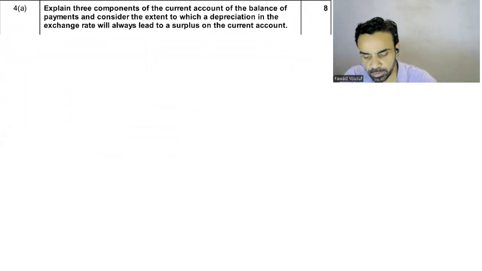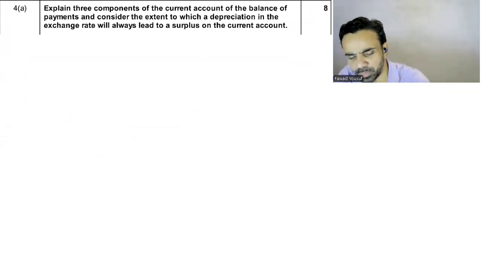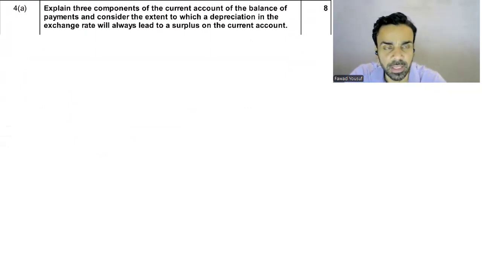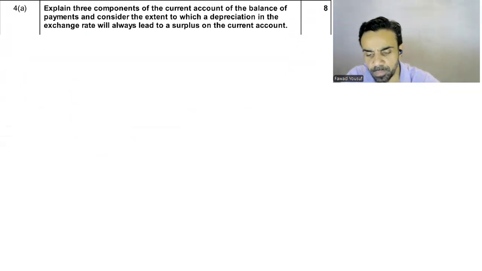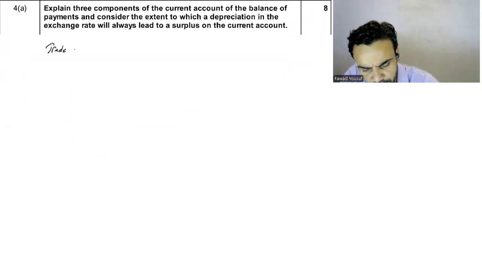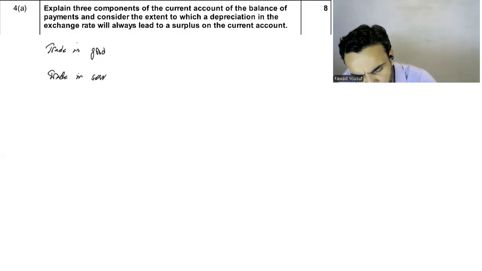the three components. I don't remember kids making a lot of mistakes in this. Everybody pretty much had their three major components of the current account, which were trade in goods, trade in services, and then primary incomes.